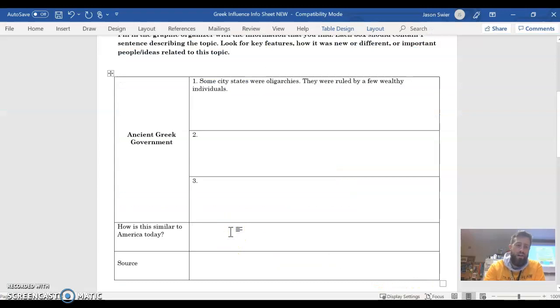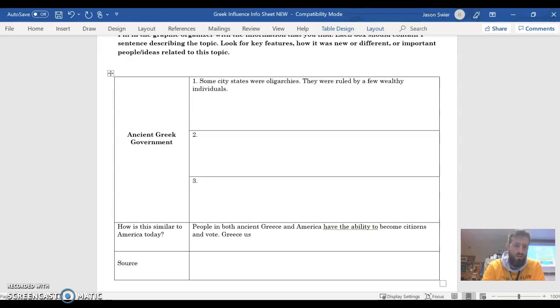So if I include in there, how's it similar to America today? People in both ancient Greece and America have the right to become citizens and vote.